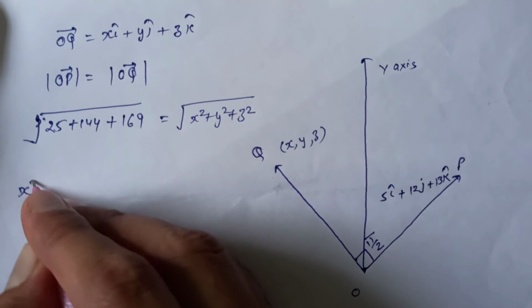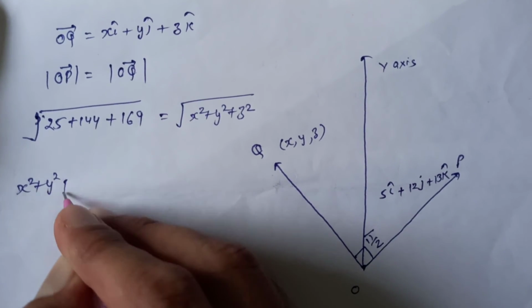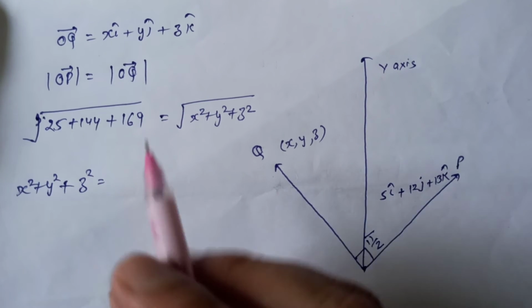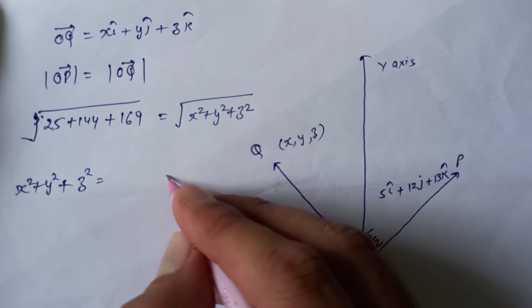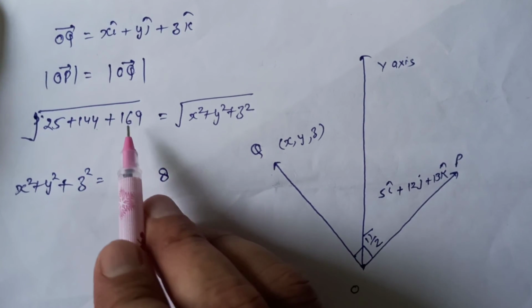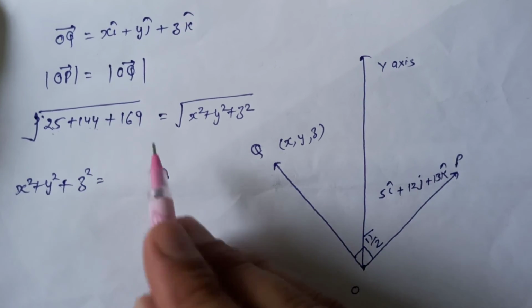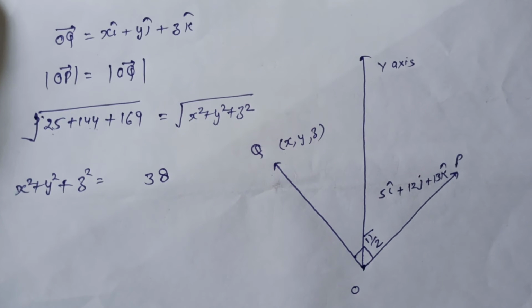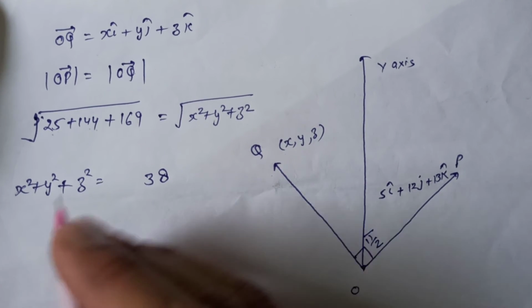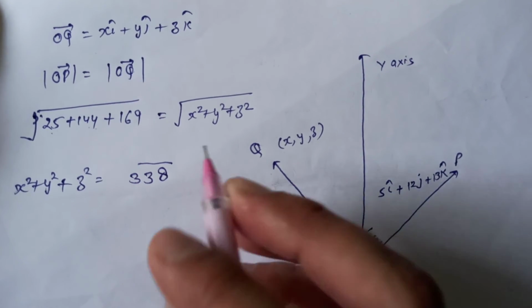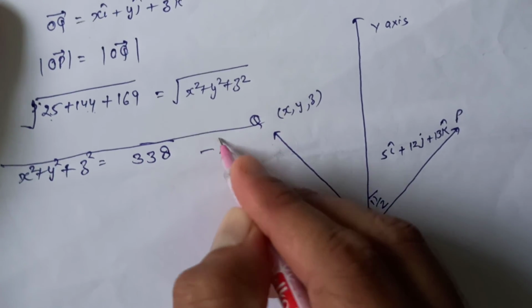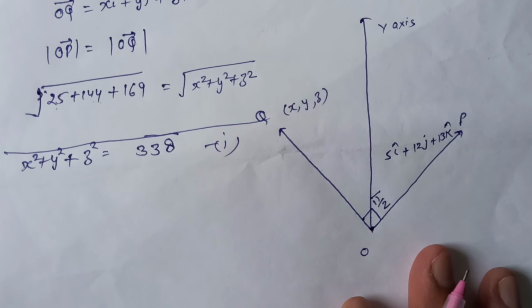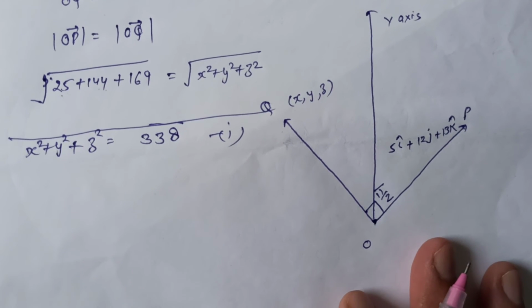Let us sum these up: 25 plus 144 plus 169. So the first equation is x square plus y square plus z square is equal to 338.